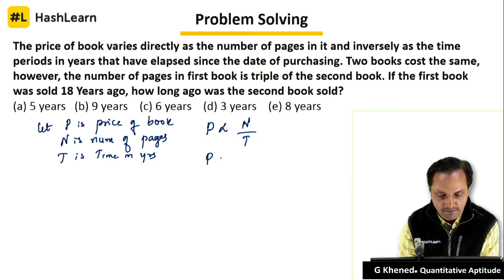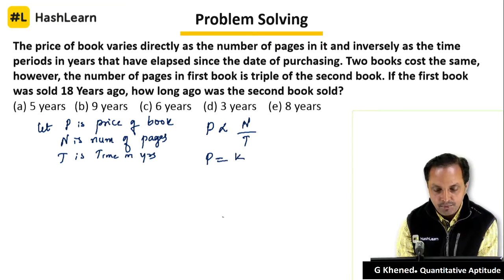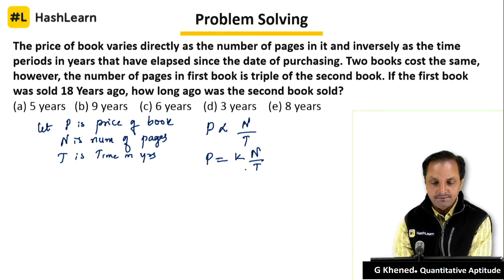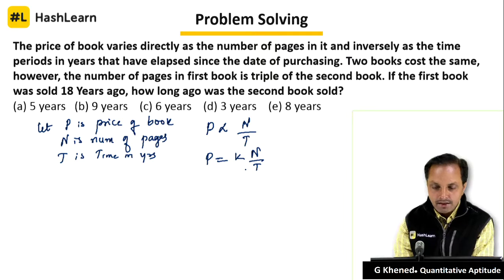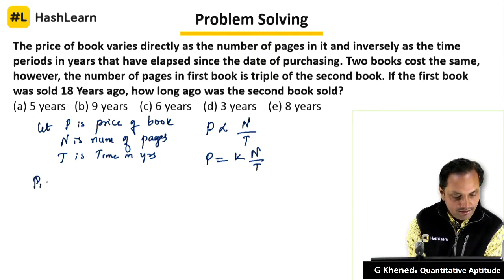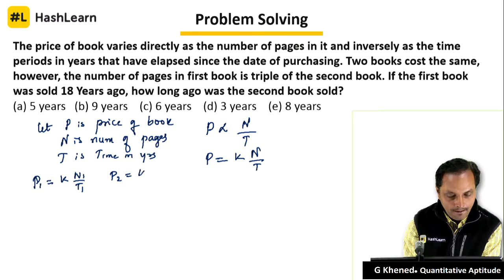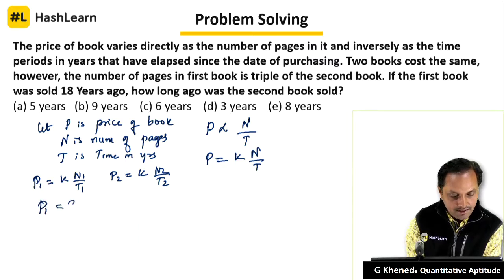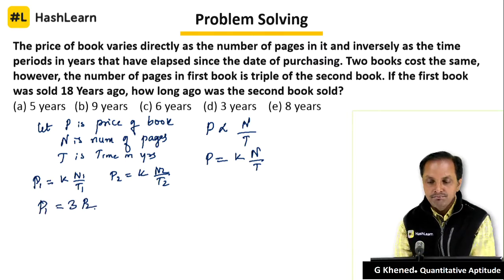So your formula is P equal to k times N by T, when you remove the proportionality sign with a constant. There are two books. Your P1 will be some constant times N1 by T1 and your P2 will be k times N2 by T2.